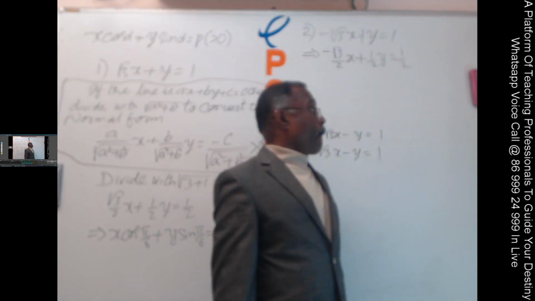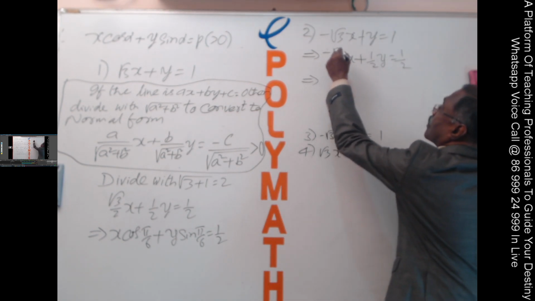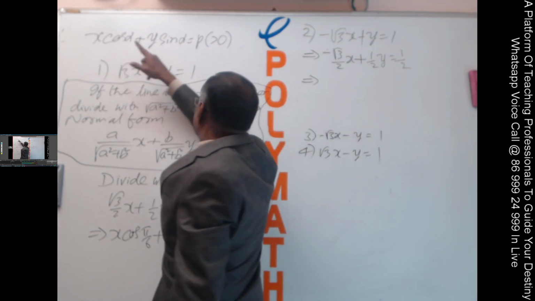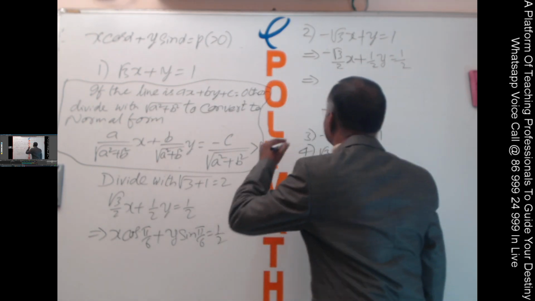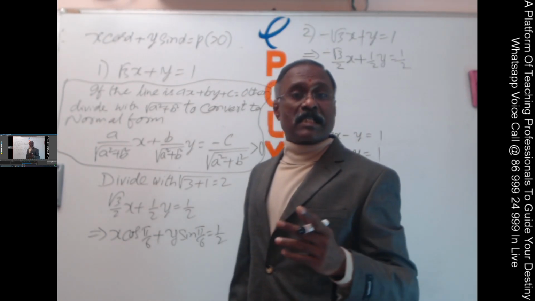Okay, now what happens? You will get cos alpha negative, sin alpha positive, cos negative and sin positive, which is the second quadrant.